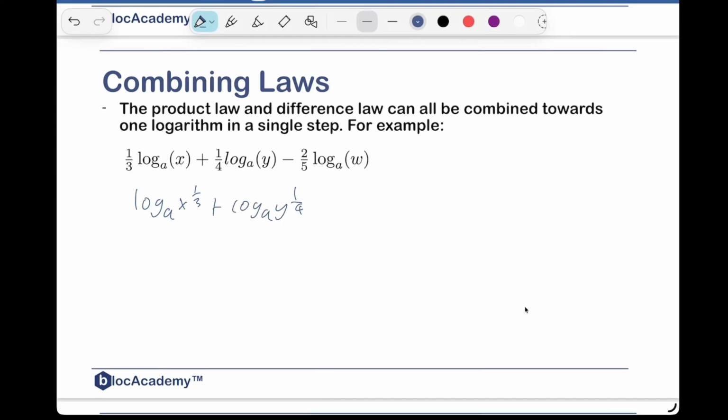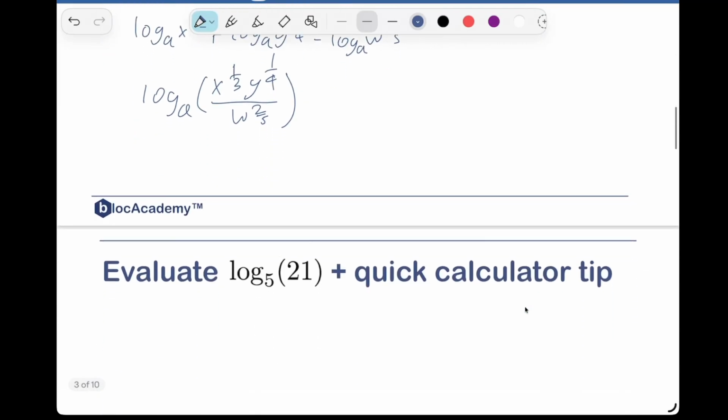Now let's first simplify, and we can actually just rewrite this entire expression into one, like so. This is really interesting, and it's really nice to know, as it allows us to work with more than two expressions when working with the product and difference laws.